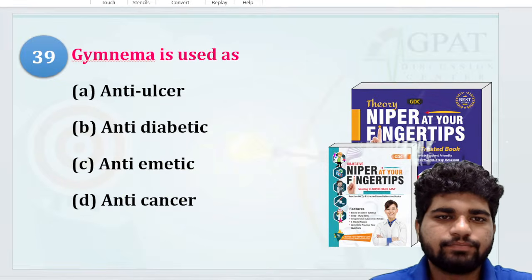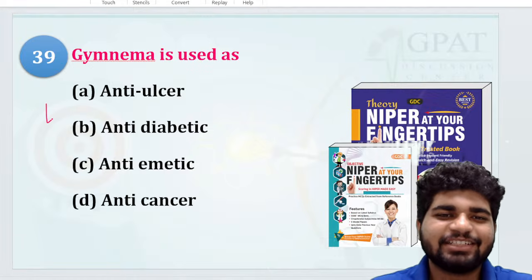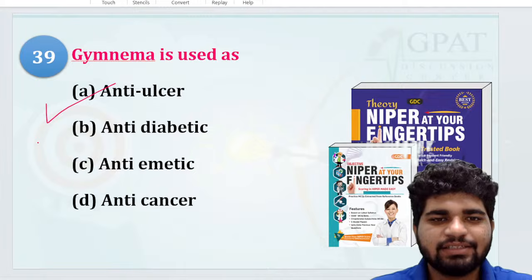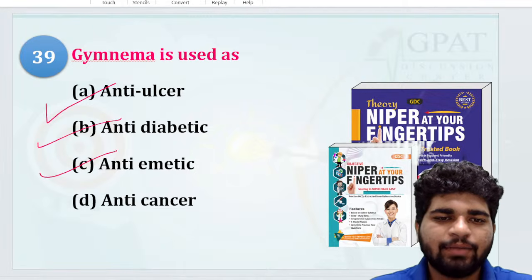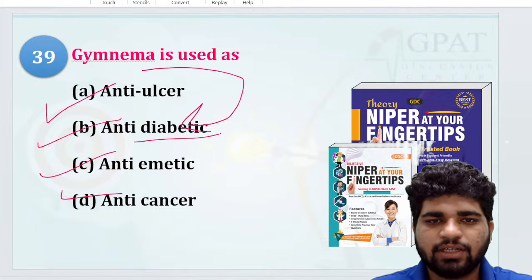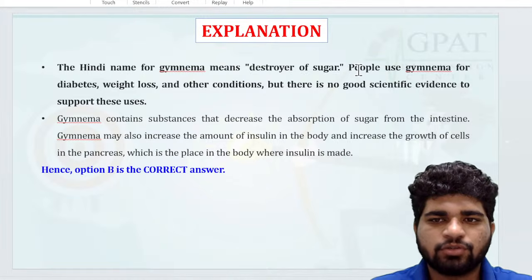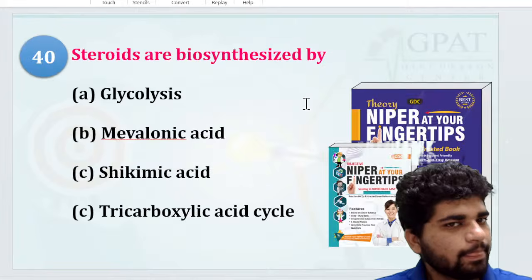Now, Gymnema sylvestre: is it used as anti-ulcer, anti-diabetic, anti-emetic, or anti-cancer? Obviously, it's going to be used as anti-diabetic in nature, right? Gymnema means destroyer of sugar. Okay.